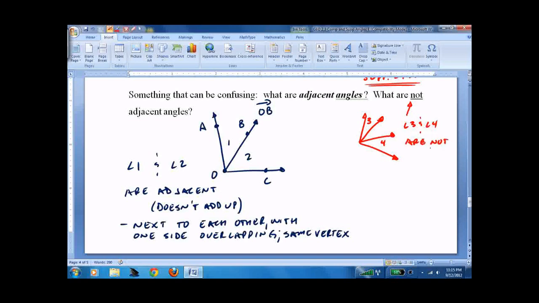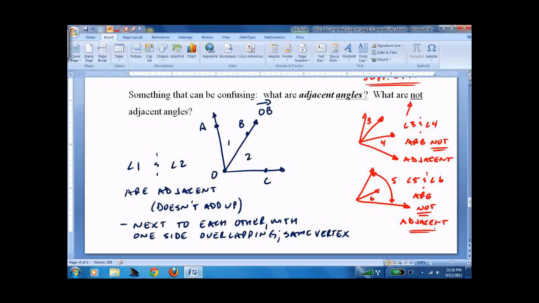Angle 3 and angle 4 here are not adjacent. Angle 5 and angle 6 are not adjacent, because they don't have the same side overlapping in the right spot.